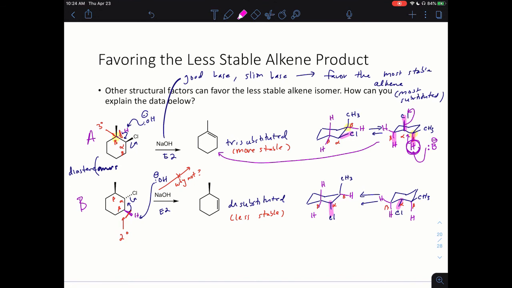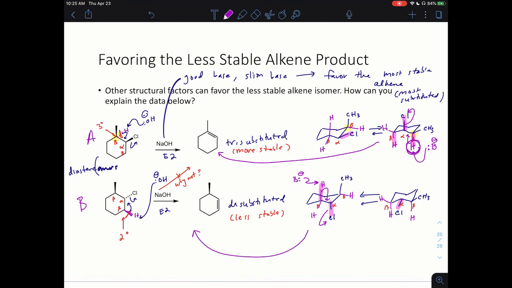Okay, so it looks like the only anti-periplanar carbon hydrogen bond I can find is in one chair form. This is certainly the less stable chair, but this is the one it reacts in, and that's fine. That is the only anti-periplanar hydrogen at all, ever, to that leaving group. So that's the one that's eliminated, and that does form the less substituted product.